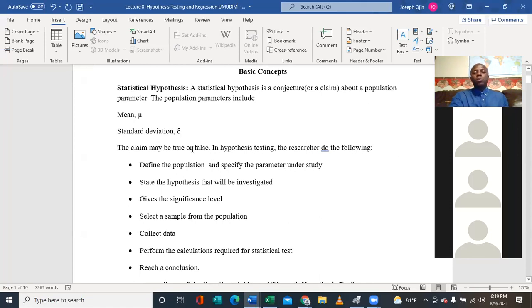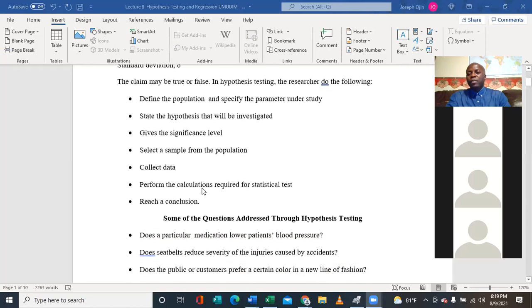So the claim may be true or false, but it has to be tested to see whether it's true or false. So usually in hypothesis testing, what the researcher does is make the hypothesis, define the population, and specify the parameter that you are studying. State the hypothesis that will be investigated, give the significance level.